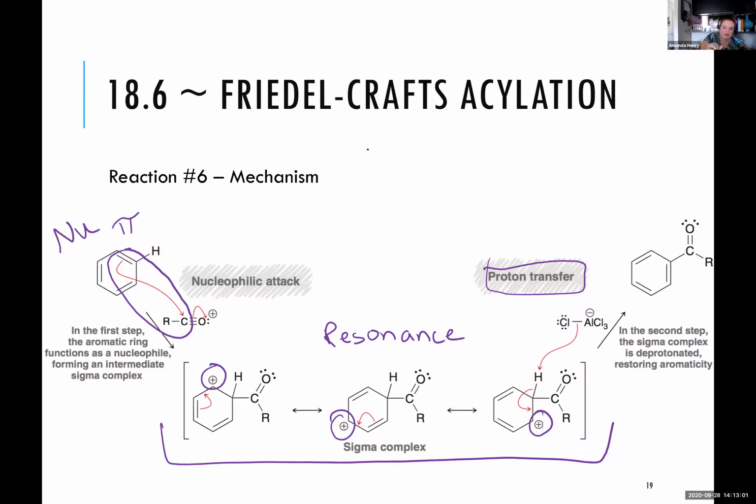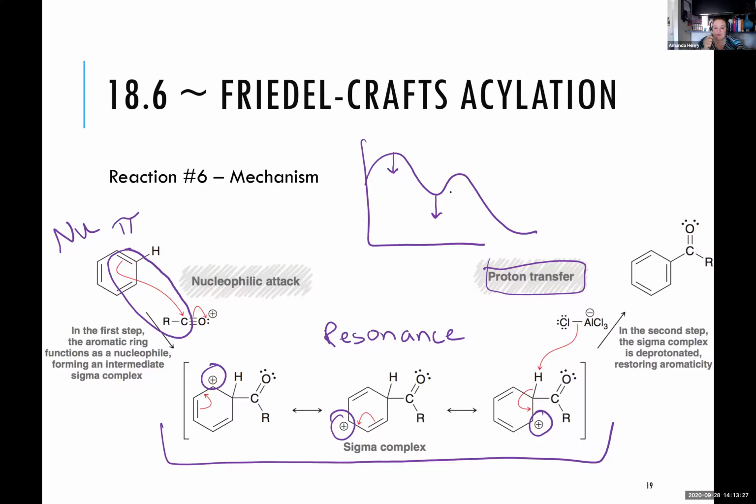So if we think about our energy diagram, having that electron donating group is going to make that first hill shorter because it's going to make benzene more reactive, and it's going to make the transition state energy smaller because it has added stability to it.